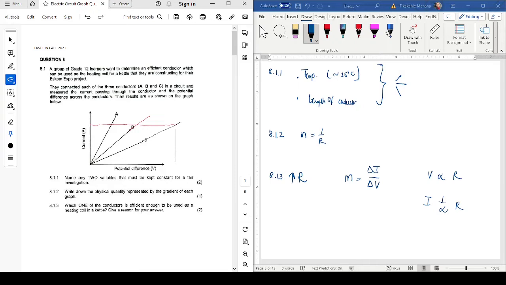When I come to C, I have the highest potential difference there. And that high potential difference will yield a high resistance. And if I have a high resistance, it means then the conductor would be efficient enough to be used as the heating coil in the kettle.